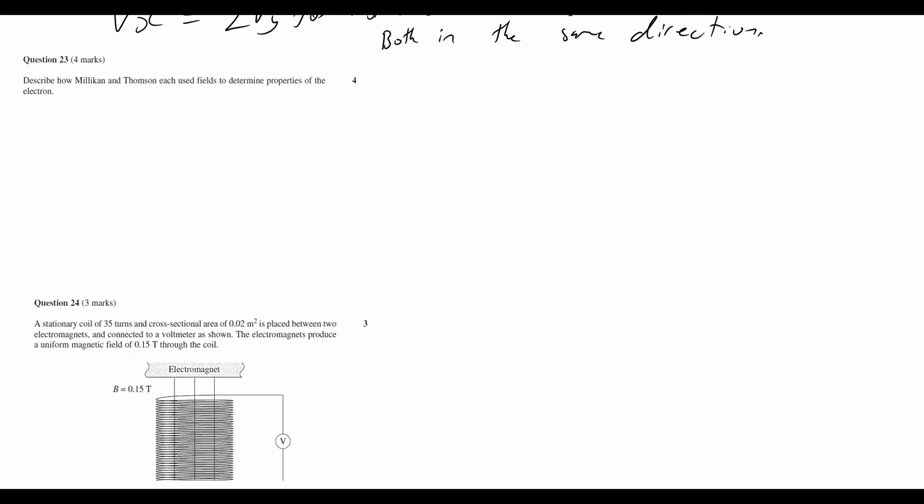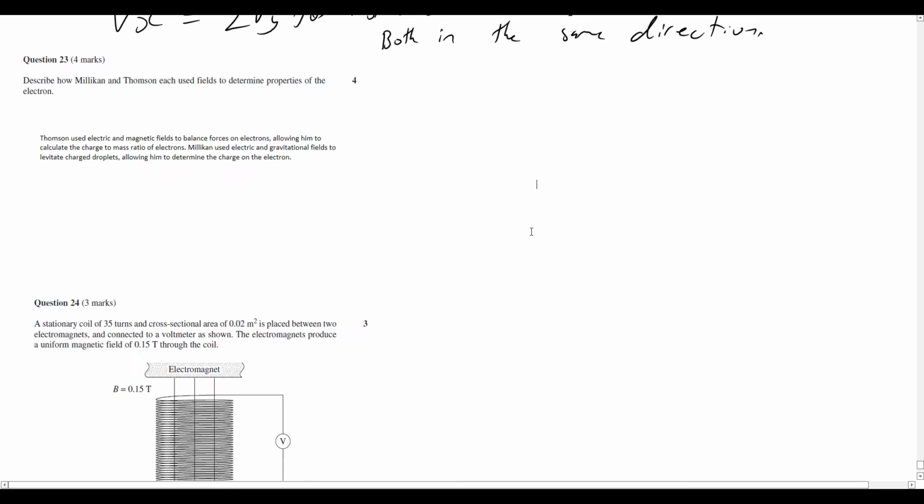Okay, so let's get that written out in words. So the sample answer given to us on the HSC marking criteria is Thomson used electric and magnetic fields to balance forces on electrons, allowing him to calculate the charge to mass ratio of electrons. Yep.